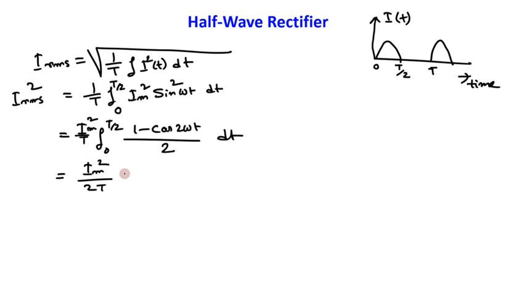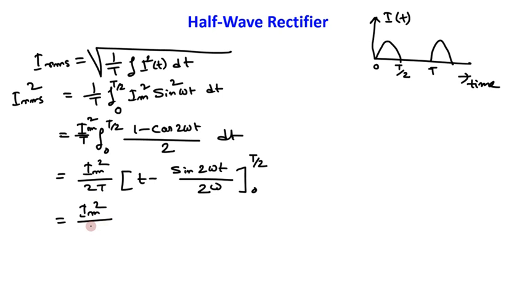Then if we do that integration, it will come as t minus sine of 2 omega t by 2 omega, with limit 0 to T by 2. Now let us simplify it a bit more, Im square by 2T, and substitute these values.